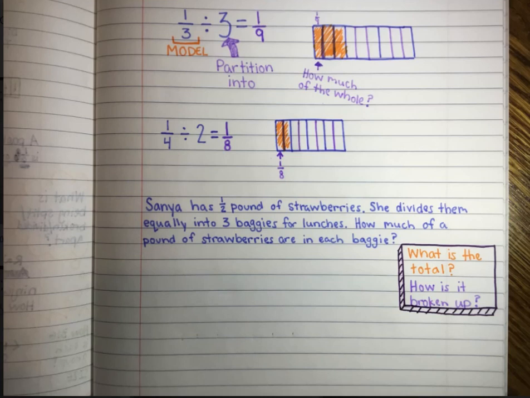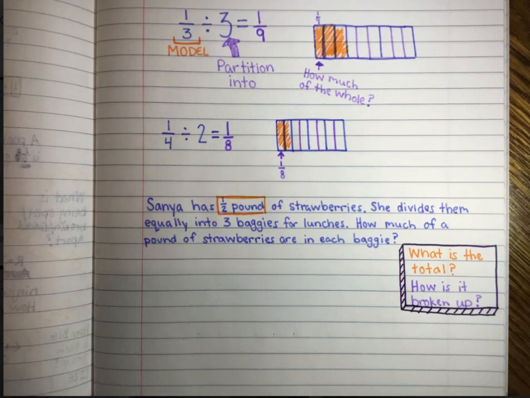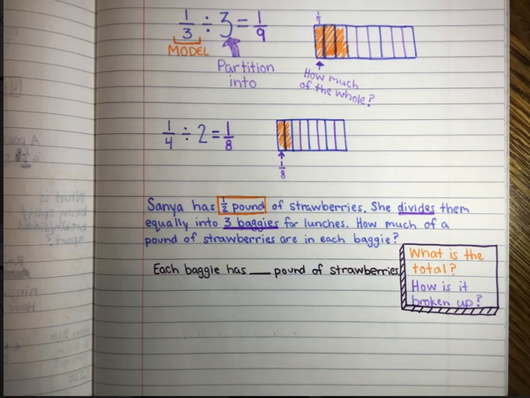If I look closely at the problem, we notice that the total is the half pound of strawberries. And there's a clue that helps us to know how it's being broken up because it says it's divided. So she divides them equally into 3 baggies. We are looking for how much of a pound of strawberries are in each baggie. So we would say that each baggie has blank pounds of strawberries.